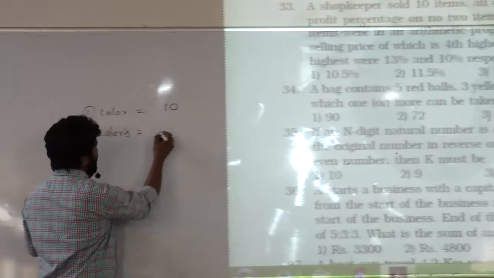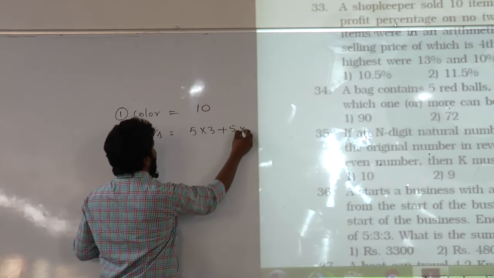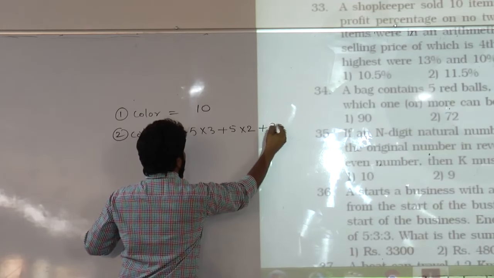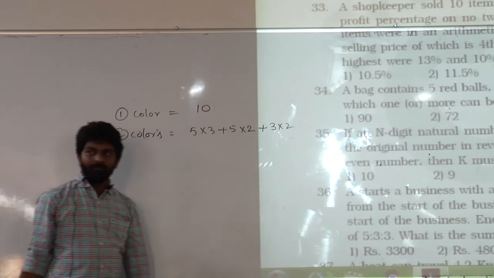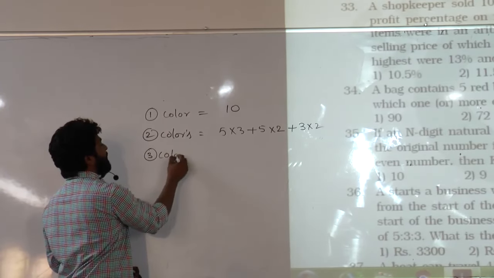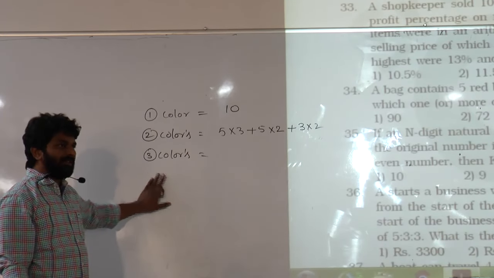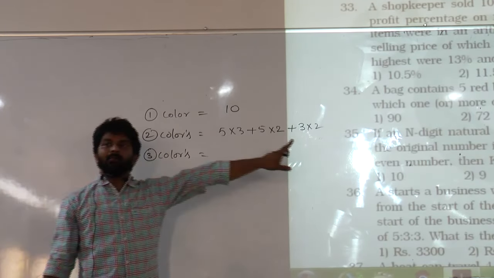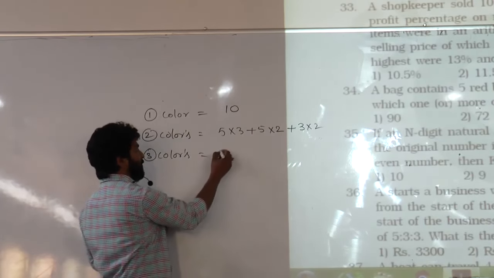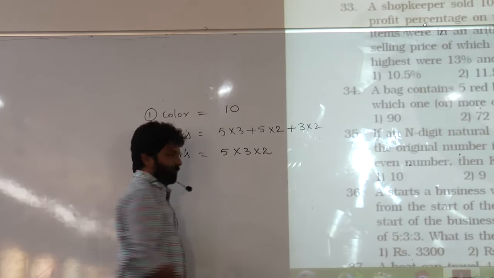So that will be 5 into 3 plus 5 into 2 plus 3 into 2 ways. Now, how many different colors do we have? Now I want 3 colors. I want one red, one yellow, one white. In how many ways can we do that? 5 into 3 into 2.